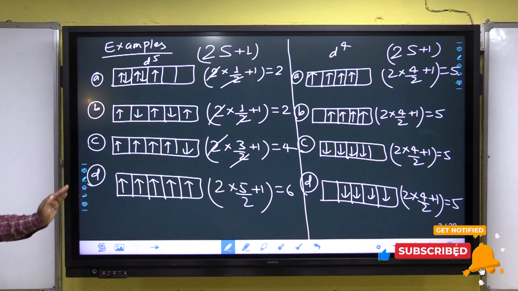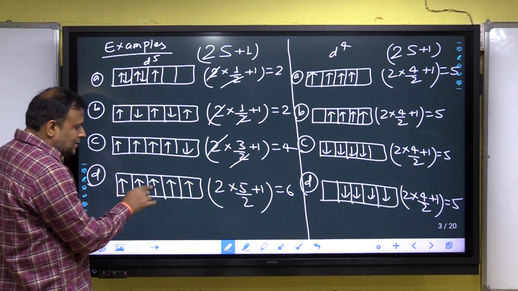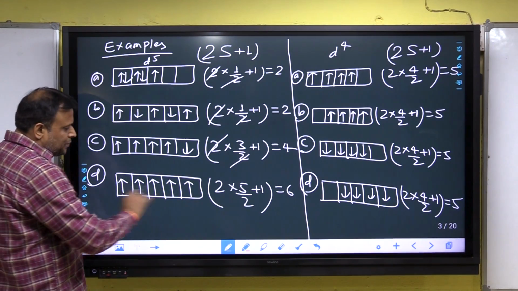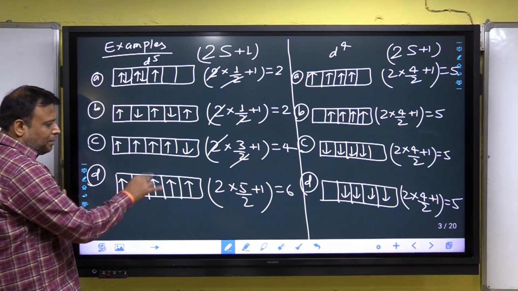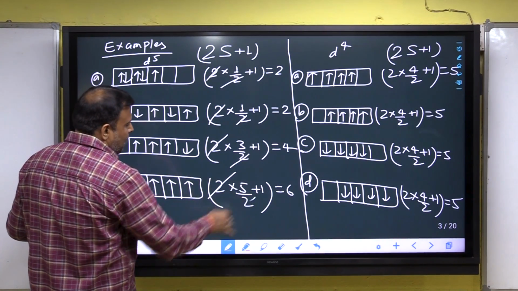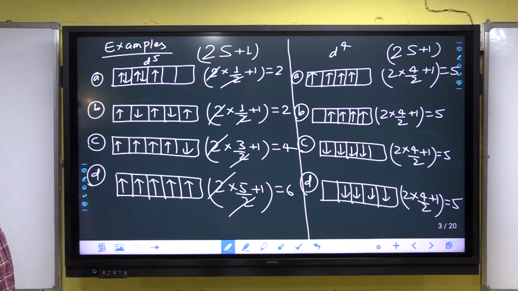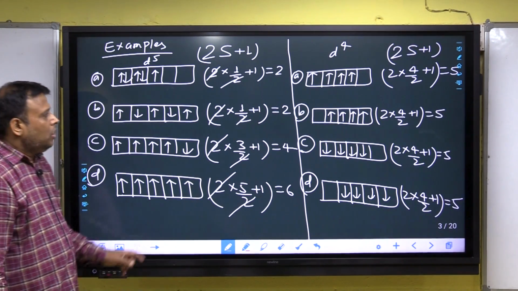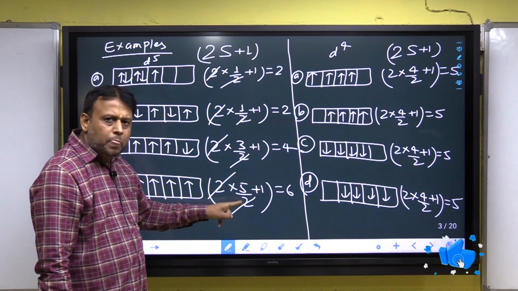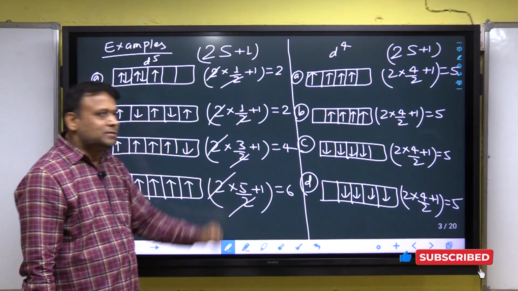And the fourth student: plus half, plus half, plus half, plus half, plus half. After calculation, total spin will be 5 by 2, and 2 into 5 by 2 plus 1 will be 6. Clear? Now, total spin is equal to 5 by 2 and spin multiplicity is equal to 6.